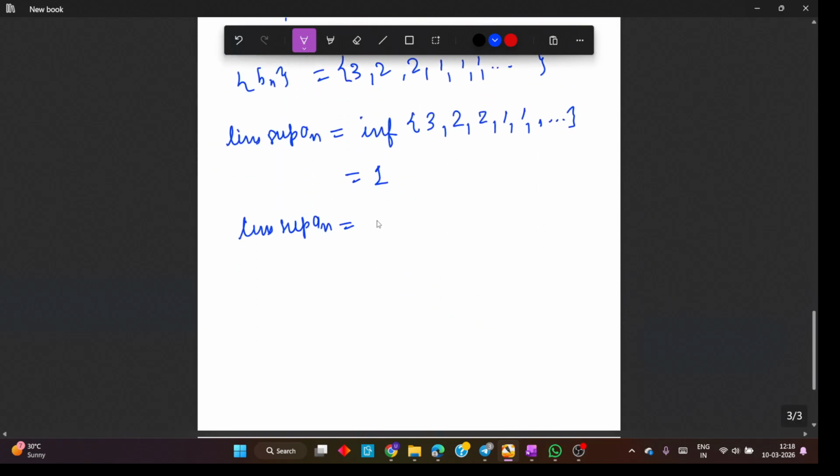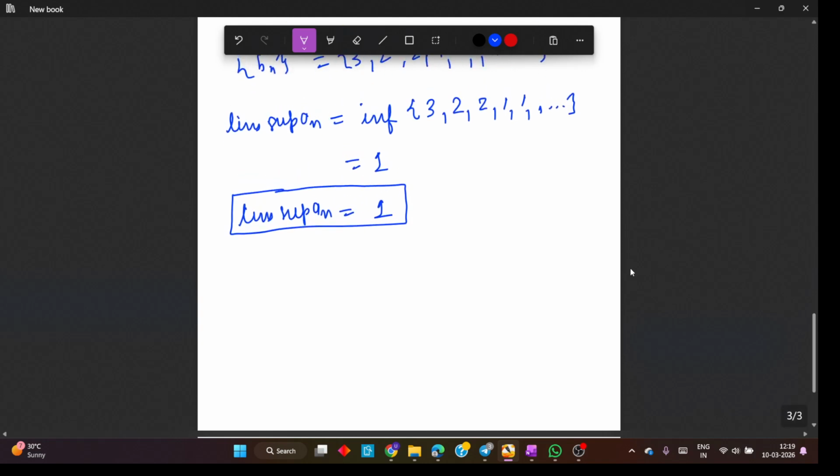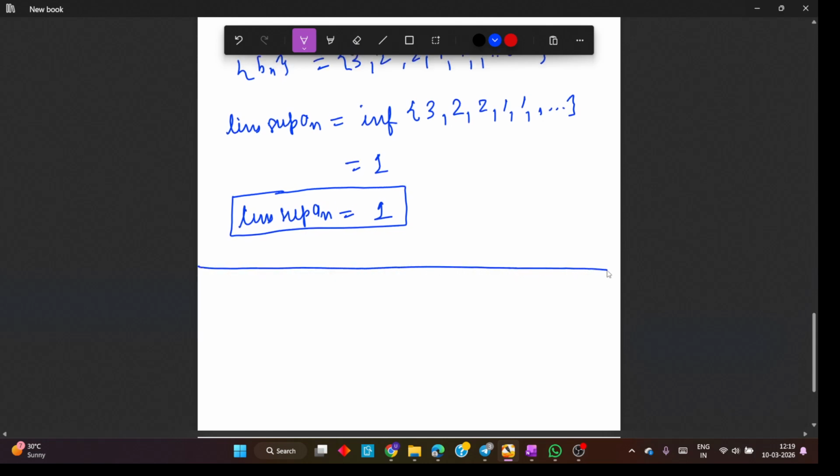But in actual practice we can always define it like this, but it would be a very long and time-taking calculation. So there is actually a method, a shortcut.